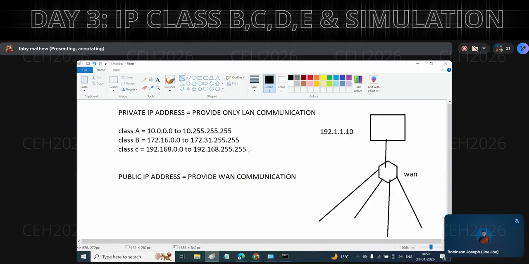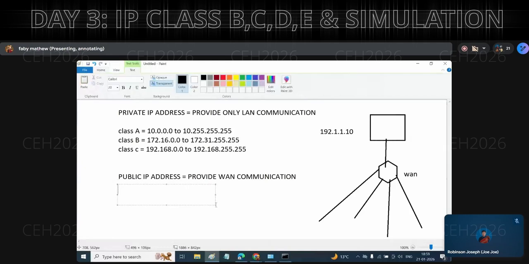Except these ranges of IP addresses, each and every IP address is part of the public IP addresses. And a public IP address is not free of cost. We have to pay for the public IP address.